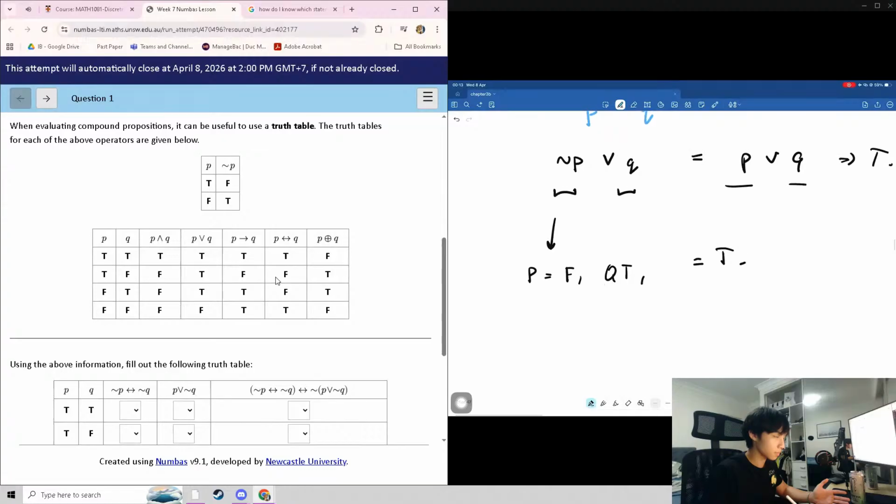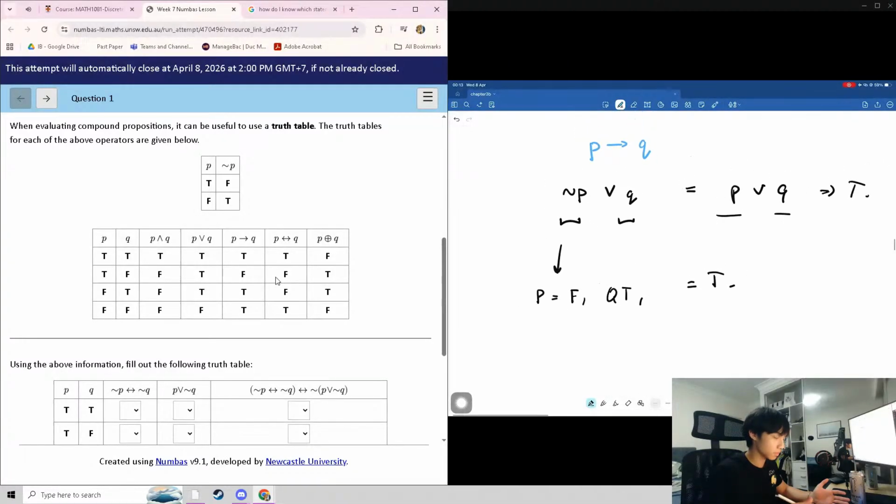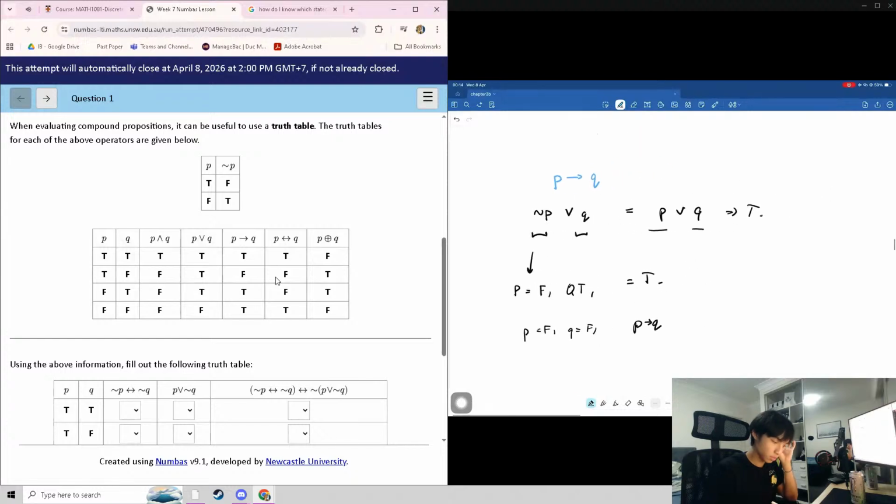And finally, if P is false and Q is false, we're trying to do P implies Q. I don't know this last one. Oh.